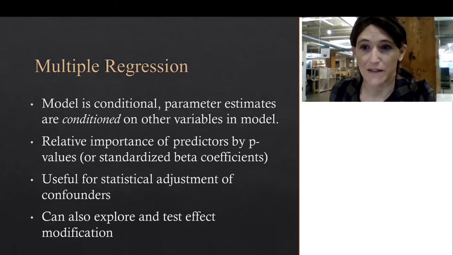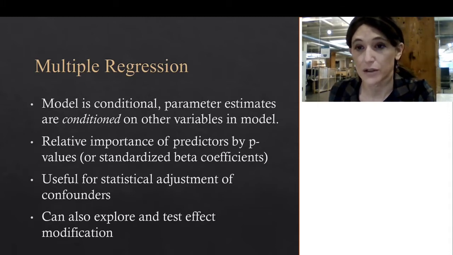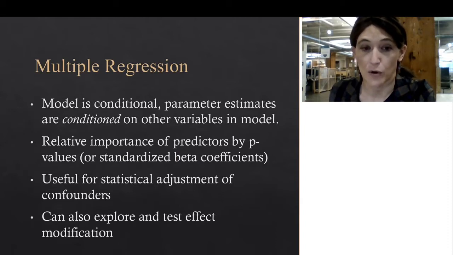However, I don't recommend that strategy because ultimately a p-value can depend on a lot of things, including the counts in each group, and it could have to do with the strength of a relationship in terms of our sample size. And so I wouldn't rely too heavily on p-values, but it is one way to kind of gauge what is more important than what in our model.